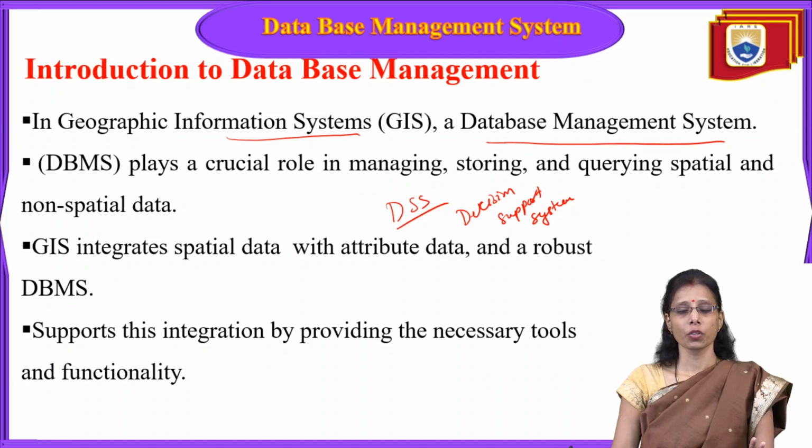All this information can be easily obtained through the GIS process. Once the data is fed into the DBMS, only then are we able to retrieve the data and get a decision. That is why we call GIS a decision support system, because it is such a database which helps us take a decision whenever we need.